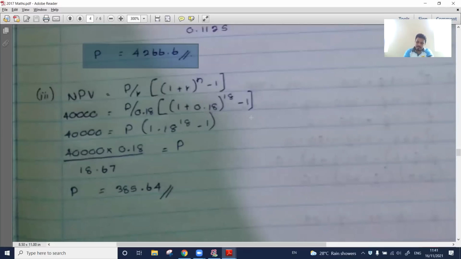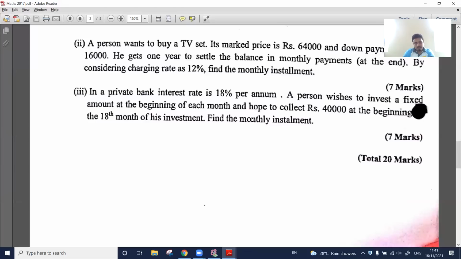Can we say NPV here? Others, are we going to find a present value? We hope to collect 40,000 at the beginning of the 18th month, so it should be a future value.